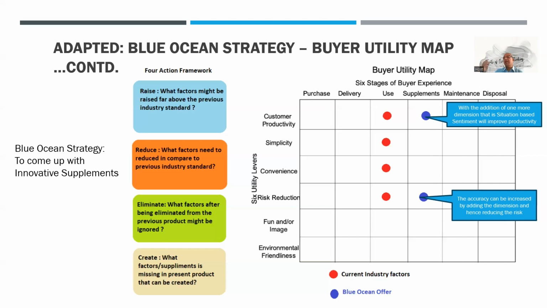It is expected to give more customer productivity. Definitely, if we add these dimensions, these parameters like latent sentiment, it is going to reduce the risk of redefining the result, or redefining the accuracy of the result. That is what I mean to say.